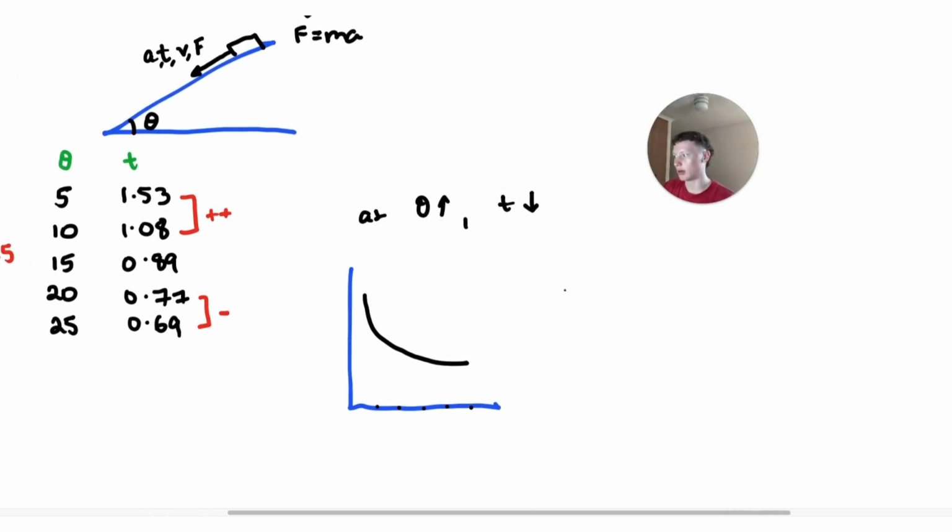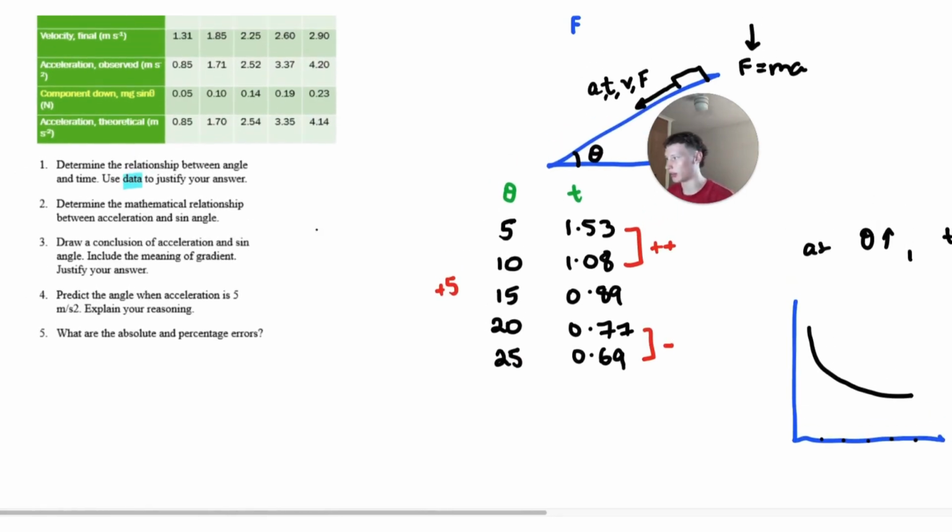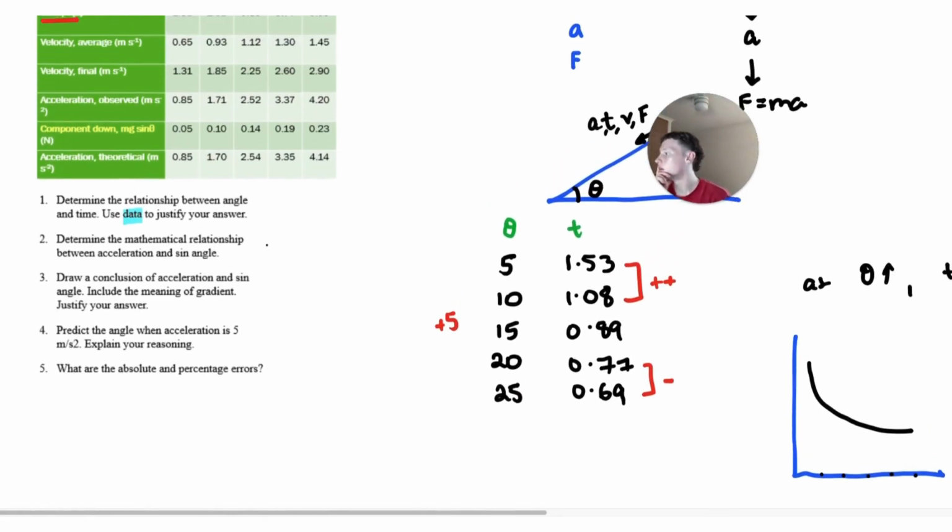So I would say in words, as the angle increases, time decreases. However, these decreases become smaller as the angle gets closer to 25. This might reflect a sinusoidal relationship. But I know you wanted more help with these bottom ones, so I won't dwell too much on that.